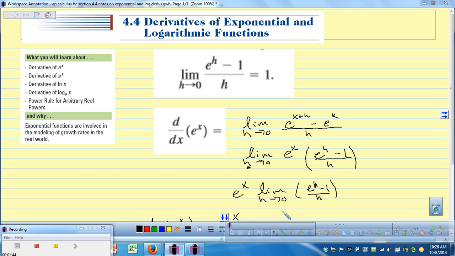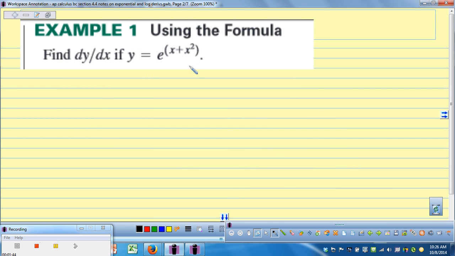All right. Now, something to remind you about. Remember I said, if you have to take the derivative of a trig function of anything other than just x, like sine of 3x, I need to apply what? Chain rule. So, if I have e to anything other than just x, the same thing applies. You need chain rule.